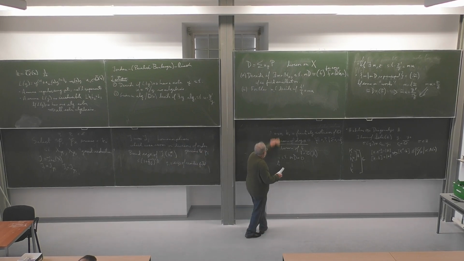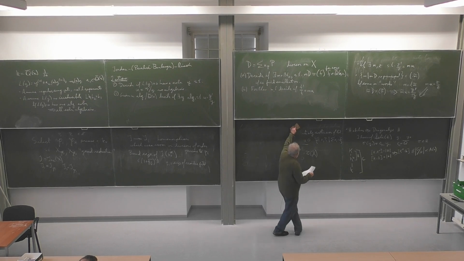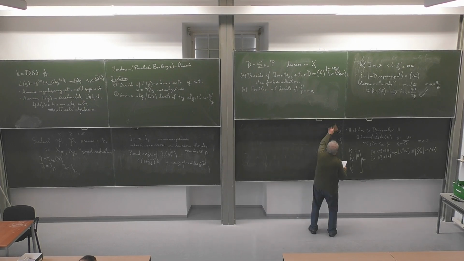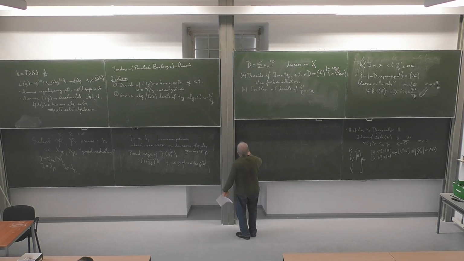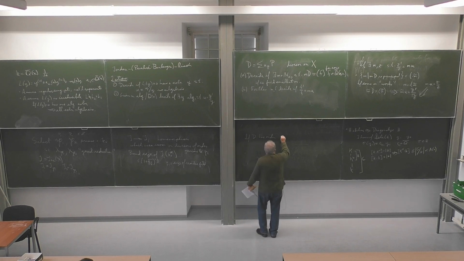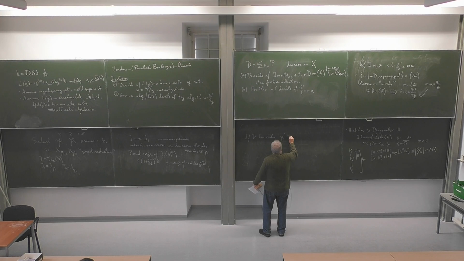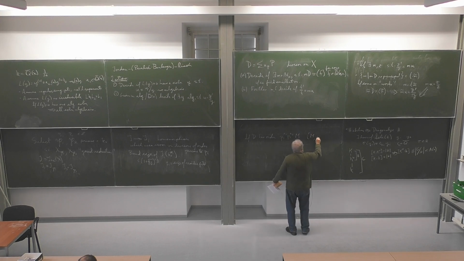And now I need two primes because of the following. So let's say that D has order P1 to the N1, P2 to the N2, M, where M is relatively prime to P1 and P2.